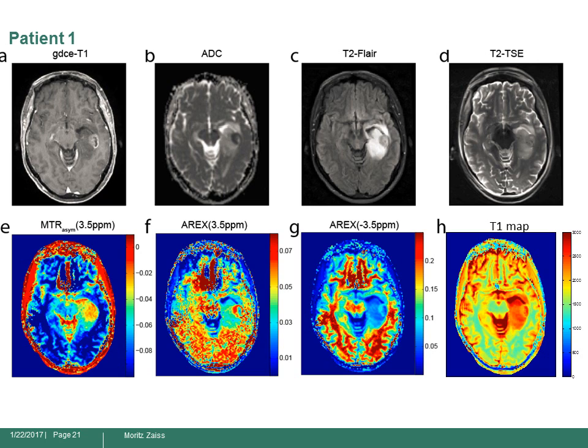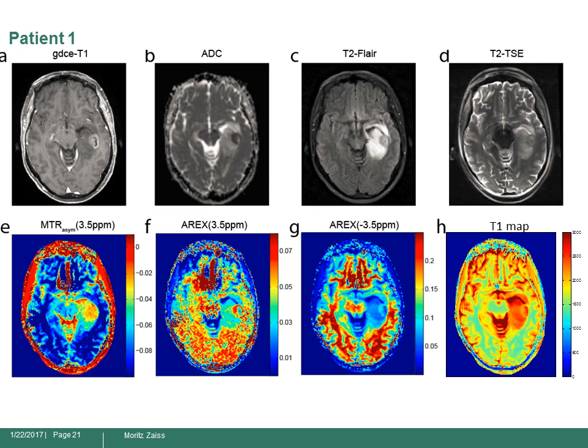So we applied this CEST contrast to 11 glioblastoma patients, and here you see one first patient where you see the conventional MR contrast in the top row, so gadolinium T1, ADC, T2 FLAIR, and T2. And in the lower row you see MTR asymmetry, which already shows the tumor area.